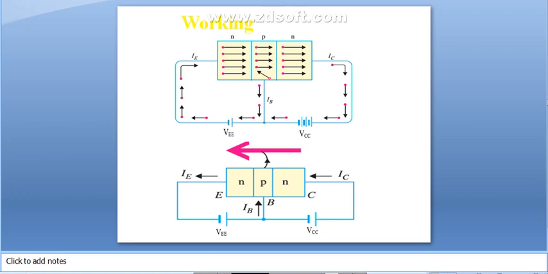IB is an incoming current, IC is an incoming current, and IE is the outgoing current. So incoming currents equal outgoing current: IE equal to IB plus IC.